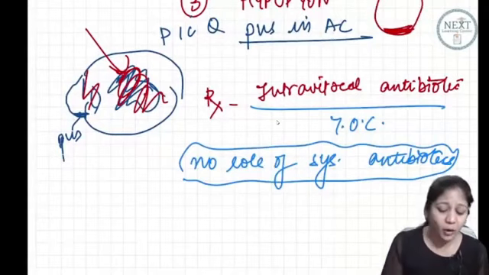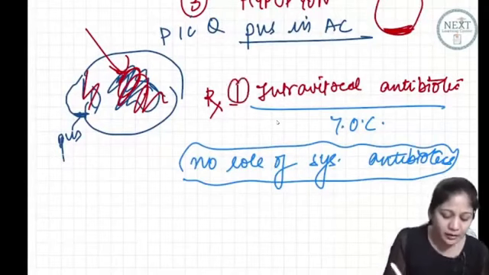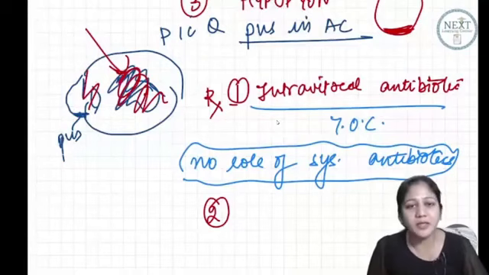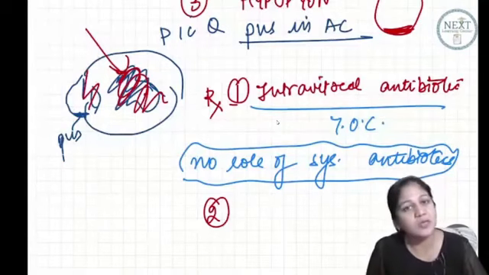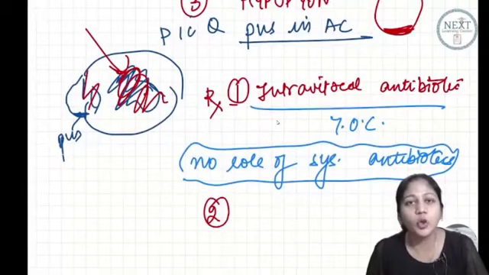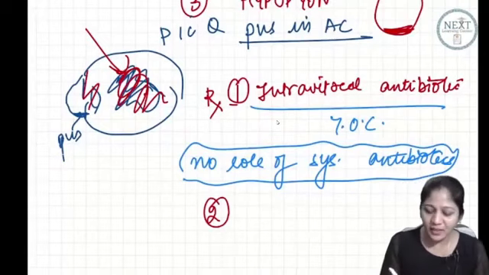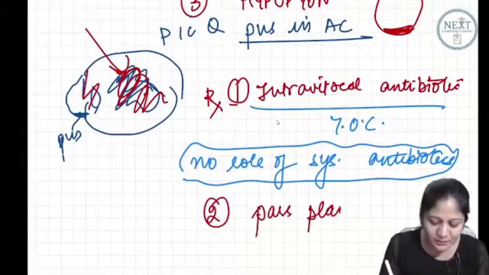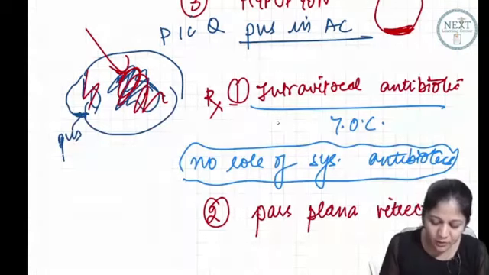Guys, this is an ocular emergency. If the patient is not treated well by intravitreal antibiotics, then you don't waste time. You do a surgery in the vitreous cavity, vitrectomy. And what is the name of the surgery here? Again, this surgery will be done by the pars plana route. We call it pars plana vitrectomy.